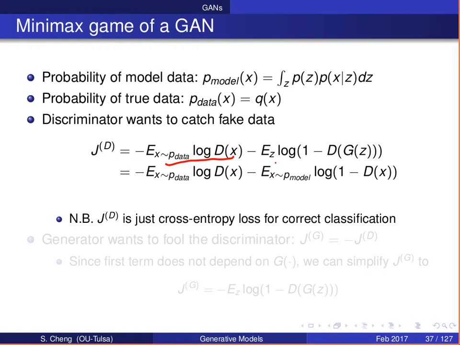On the other hand, if the input to this discriminator is false, is fake, then it should figure out D(G(z)) should be 0. The discriminator believes that the input is not genuine, it's fake, therefore it outputs 0. So then again this will give us 0.